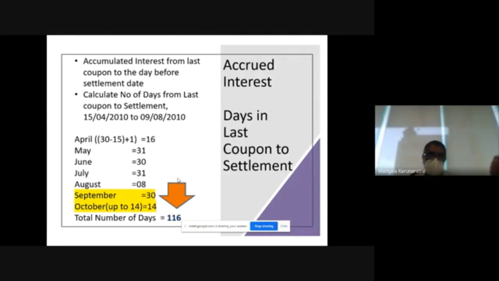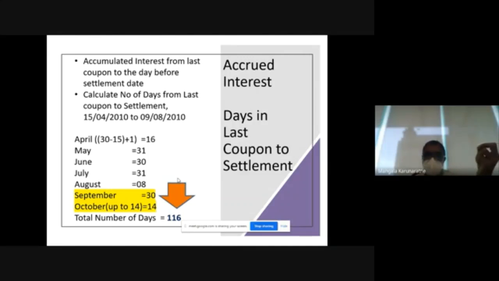But here in the bond market, it's not the norm. The accrued interest should be paid at the time of the trade. So that means my interest entitlement for these 116 days should be paid by the buyer to me, right?